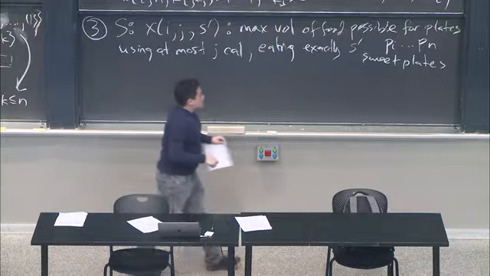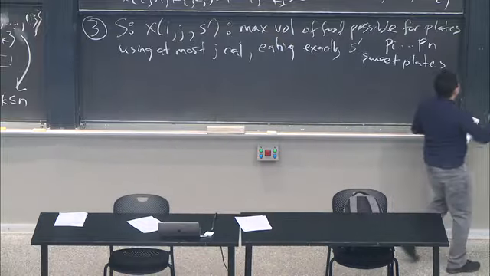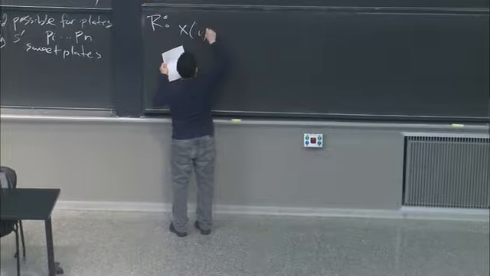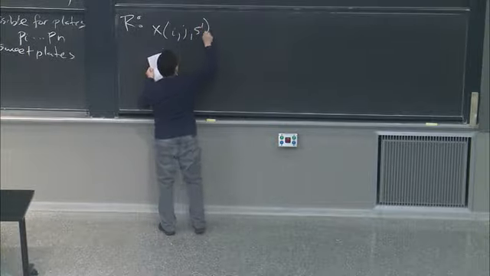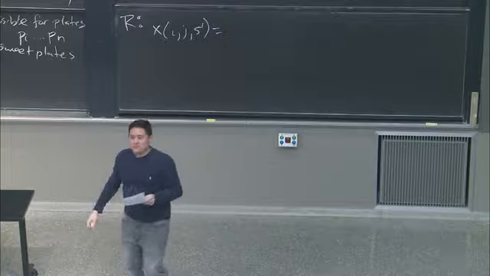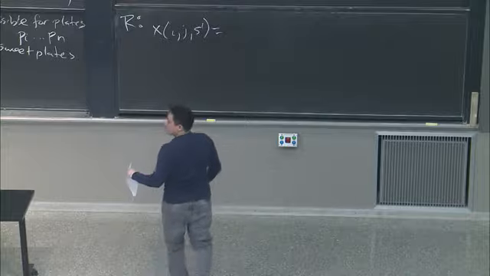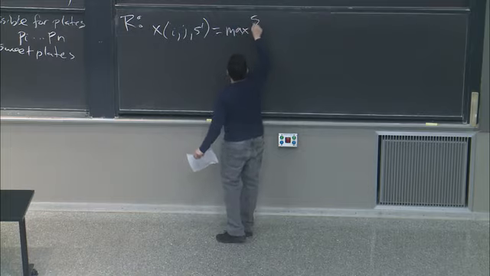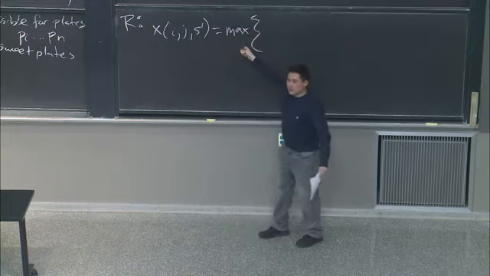I've got tons of board space. I'm going to go ahead and use it. Relation. We've got x(i, j, s') equals, okay, I'm trying to maximize volume. Probably I want to be maximizing over something, right? This combinator is kind of what I like to call it, right?